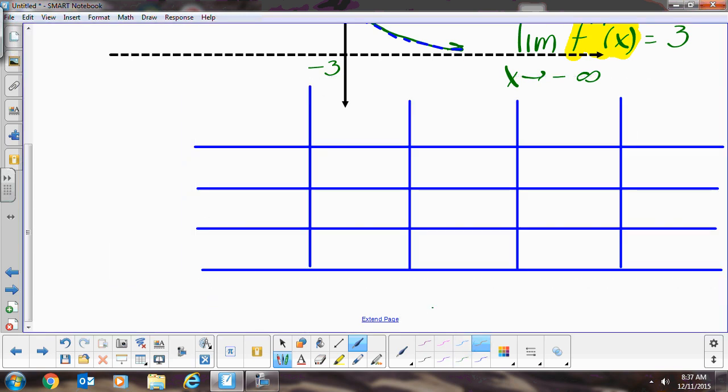So, if I wanted to do an increasing, decreasing table, what would be my intervals? Jesse, what are my intervals if I want to do increasing, decreasing graph for the graph? Oh, that's the -3. The -3 equals 0 means it's on the x-axis. Keep going.